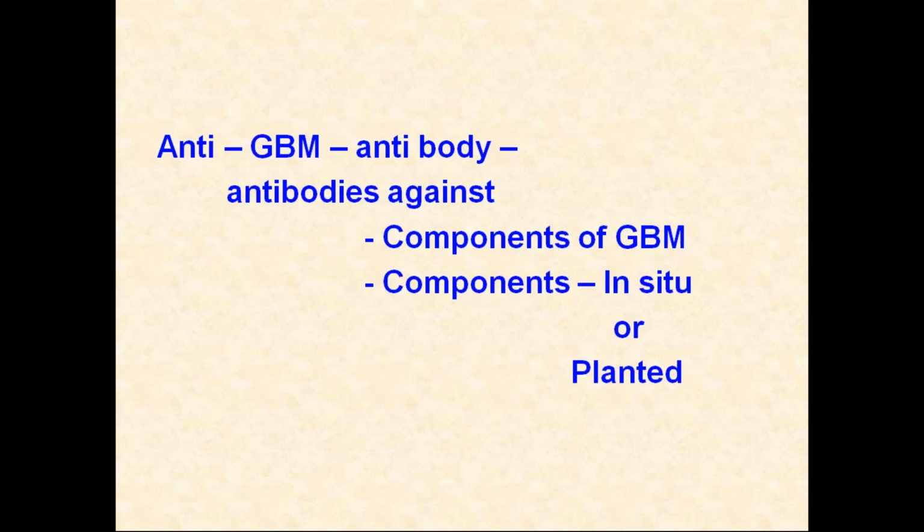Now, when you have an anti-glomerular basement membrane antibody, these antibodies can be against the components of the glomerular basement membrane, against an in situ component, or you can have a planted antibody, which is planted from the circulation.